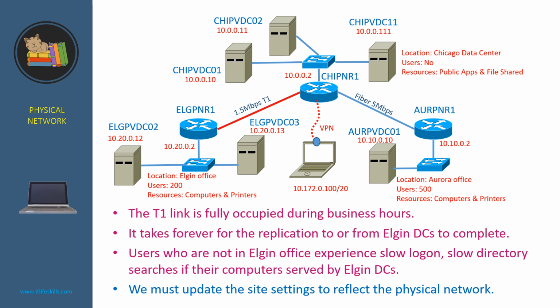However, the T1 connection is occupied by the application and file share access along with the replication data, so it takes forever for the users to log on. We must update the site settings to reflect the physical network.